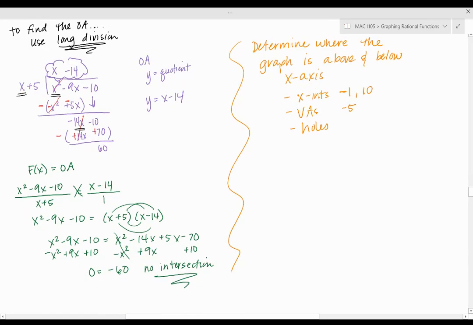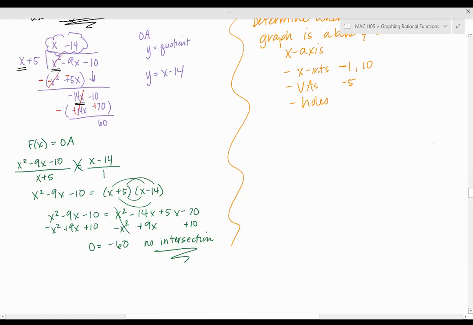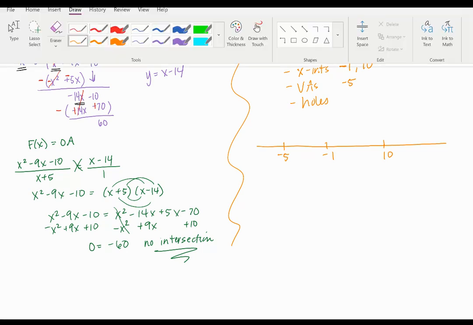No holes. All right, so I'm going to draw a number line, and I'm going to put my values on there the way that they naturally would occur, smallest to greatest. So -5, -1, and 10. All right, that splits my graph into 4 intervals.